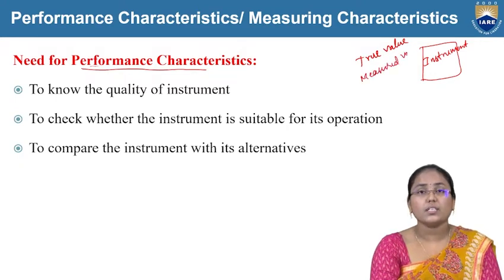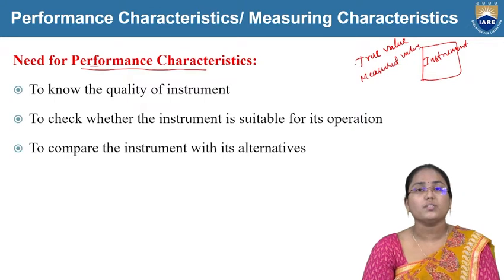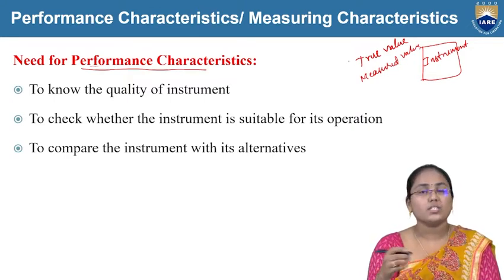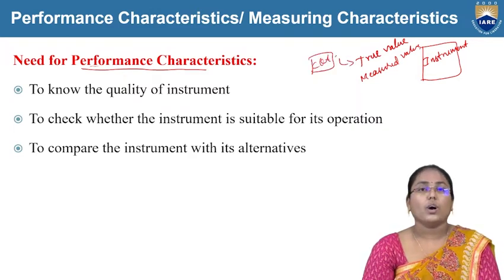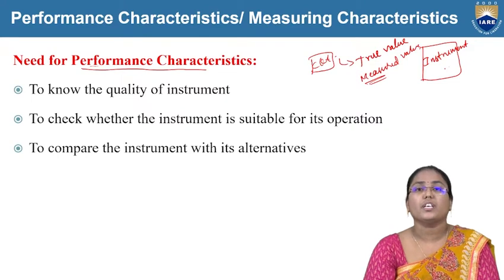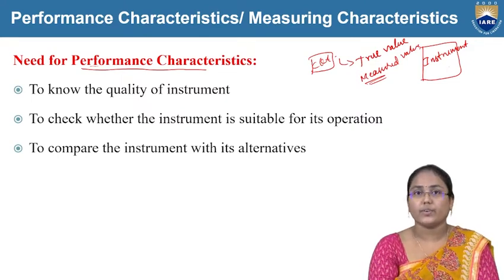When we say there is a true value, the true value is nothing but the theoretical value. This true value is the output of some circuit or some theoretical analysis, we can say. The measured value is the value which we can see on the indicating device of the instrument.